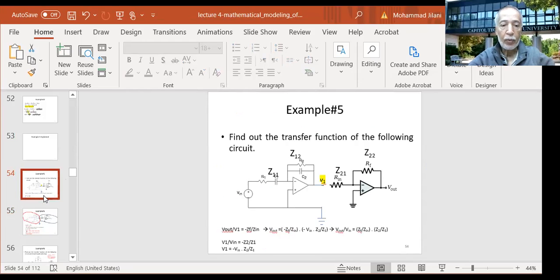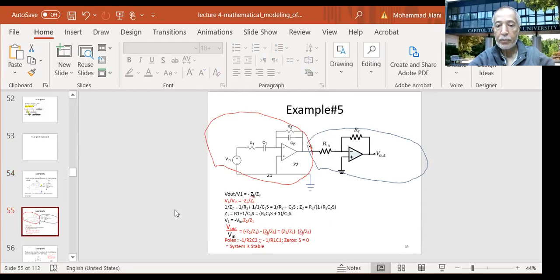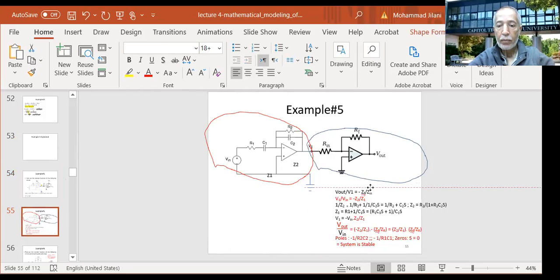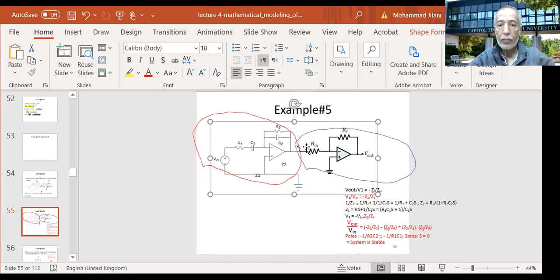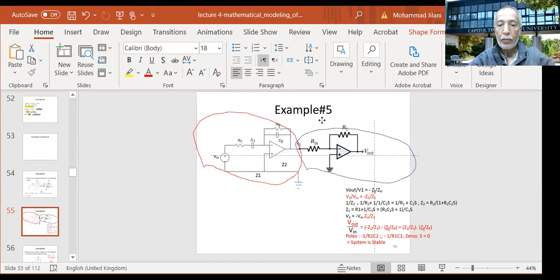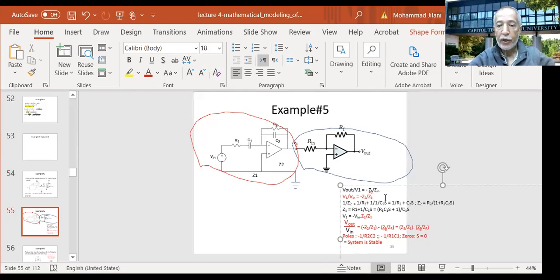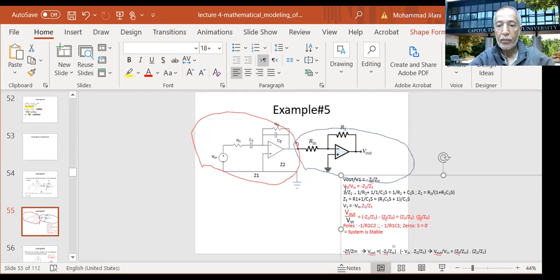Okay, let me, I'm working it out here. So this is my first circuit, this is my second circuit. Let's do the math together.